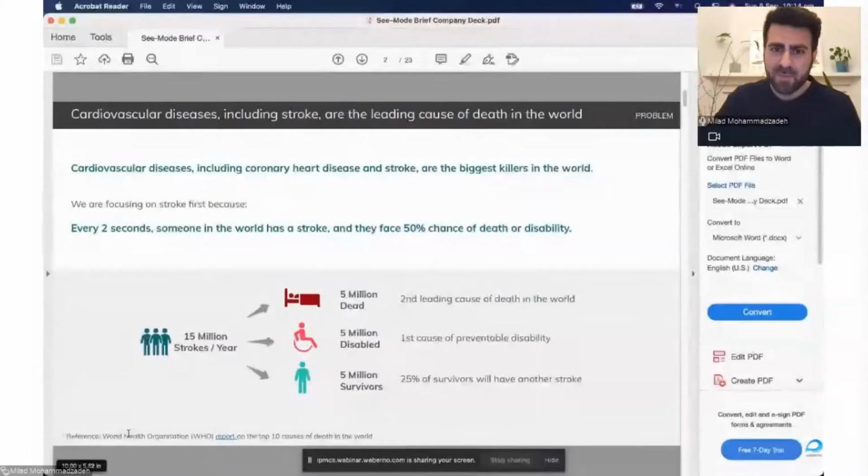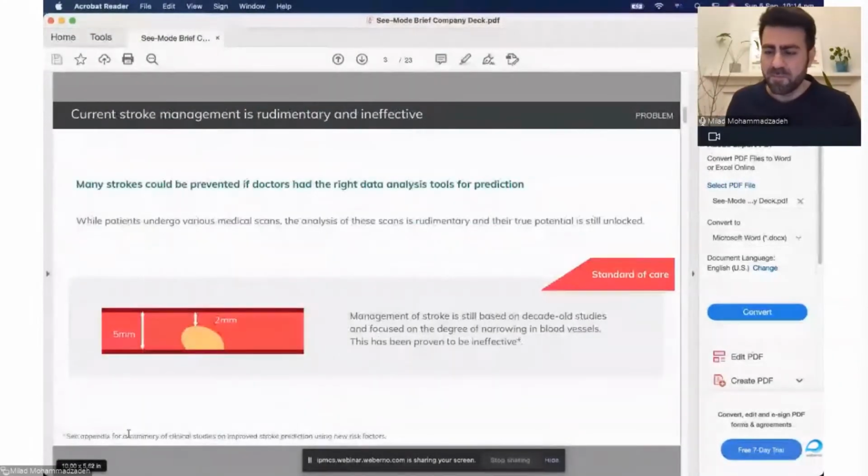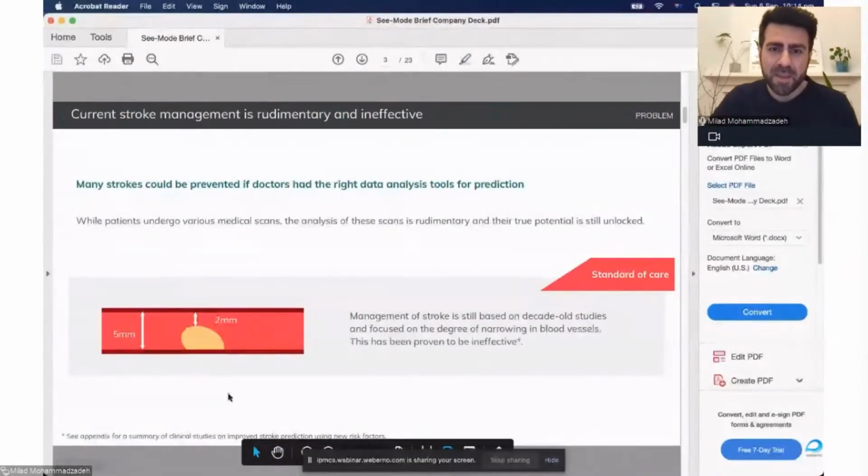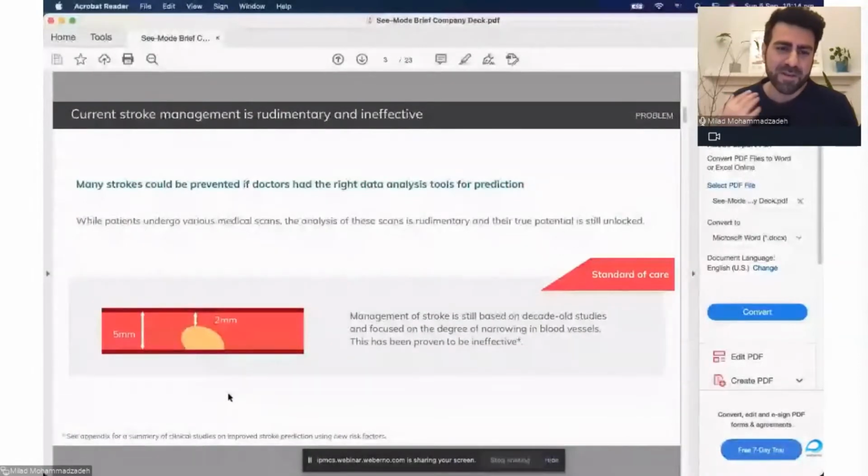Let's dig in a little bit more into the management method for stroke patients and see where exactly the problem is. So, as a very quick stroke 101, strokes happen because of blockages in blood vessels, either in the neck or in the brain, that cut blood flow to the brain, and that cuts oxygen to the brain, causing cell damage, and that's essentially the cause of that death and disability that I mentioned.